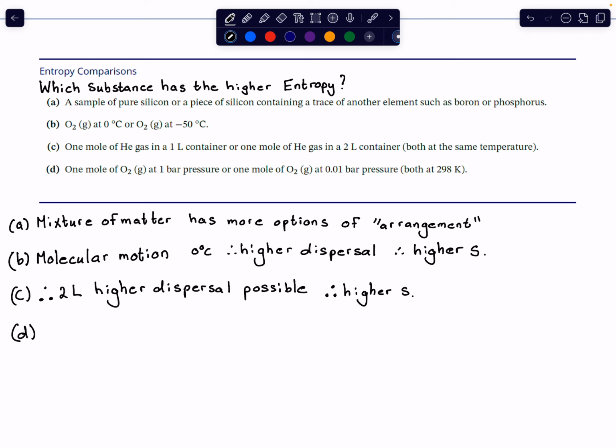Cool. Our final question looks at 1 mole of oxygen gas at 1 bar pressure, or 1 mole of oxygen gas at 0.01 bar pressure, both at 298 Kelvin. And here we need to think of what a lower pressure means. A lower pressure is usually associated with a greater volume again.